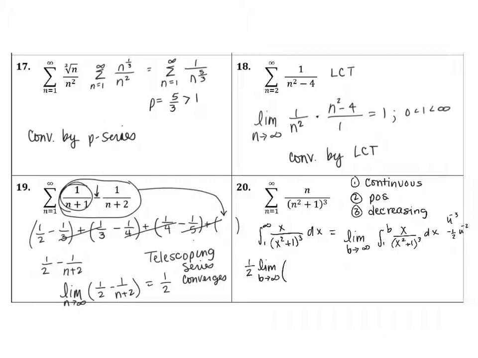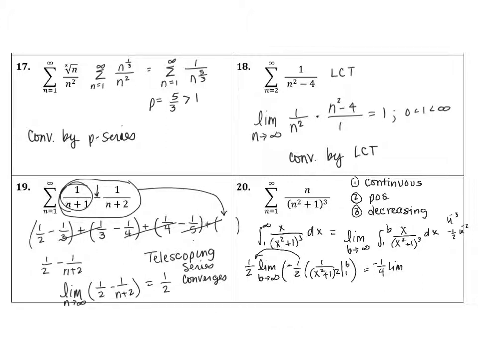You've got negative 1/2, and then times, and for that u, I'm going to go back to 1 over x squared plus 1, and then all of that raised to the negative 2, or I've already flipped it over, so raised to the second. Then I need to evaluate that from 1 to b. A lot of stuff here. Let's move out that negative 1/2, so I have a negative 1/4 times the limit.